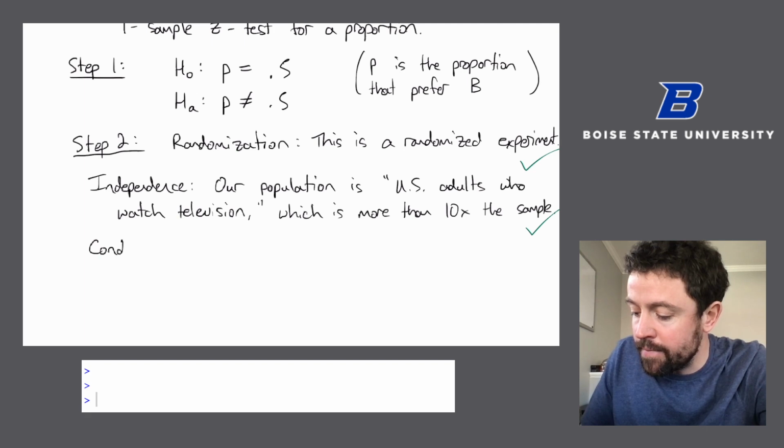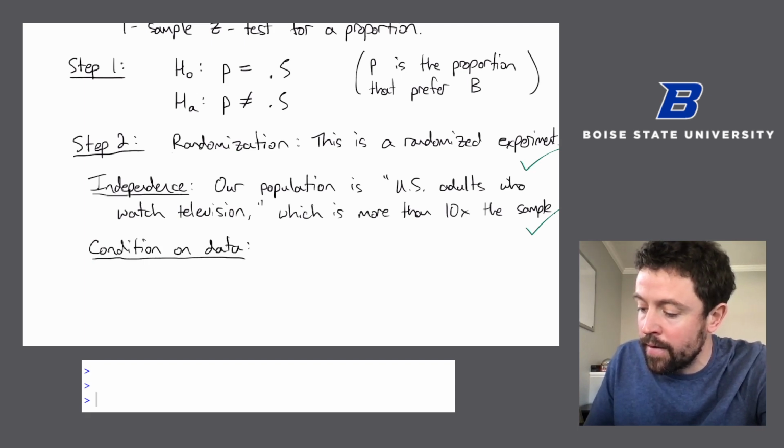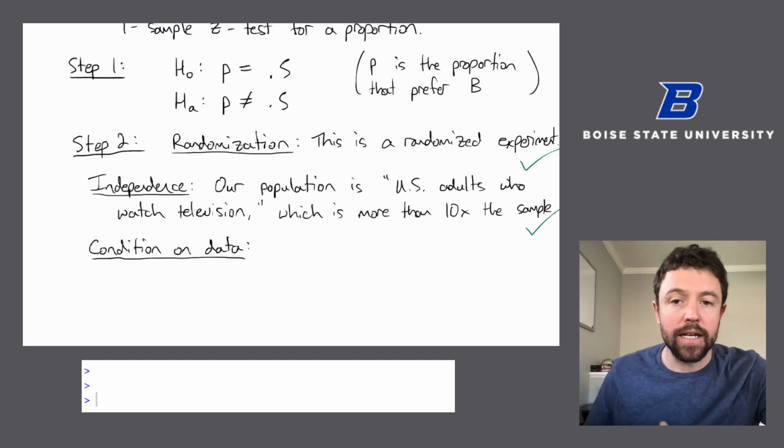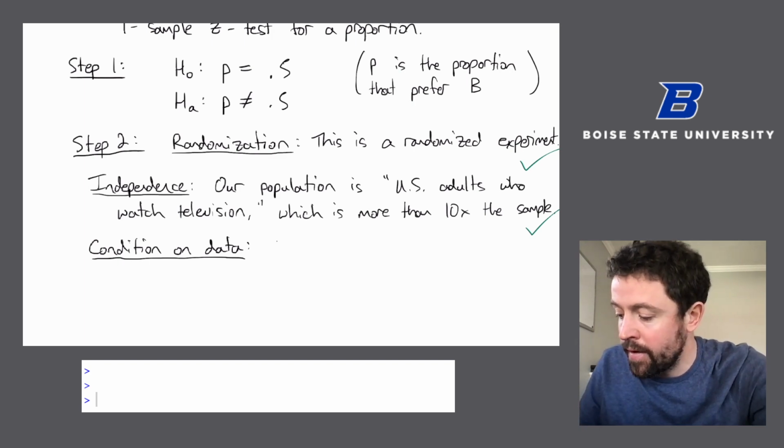Our condition on data. Now, the condition on data is actually relatively straightforward here. We just have to confirm that there are at least 10 successes and 10 failures. We have 52 successes.